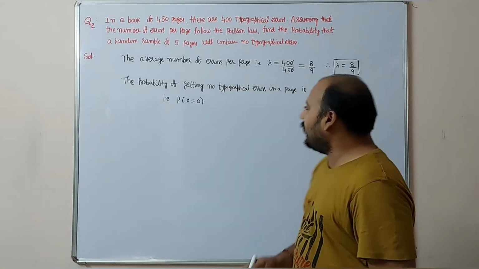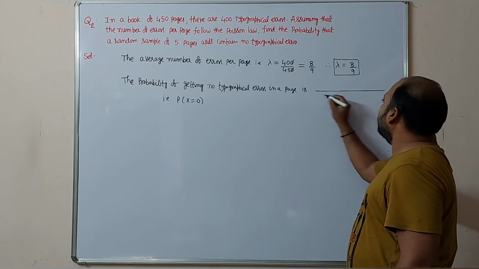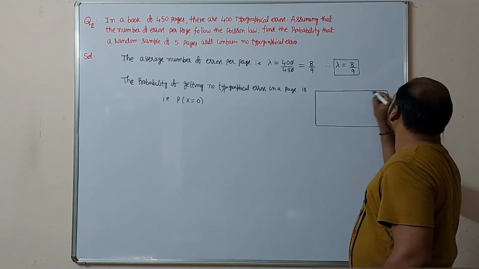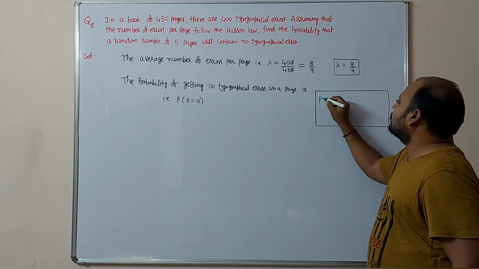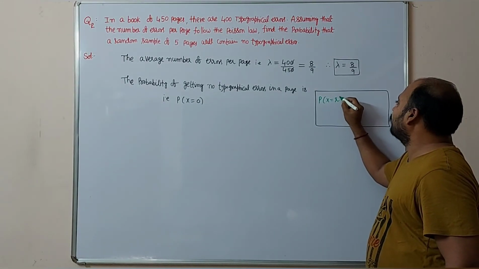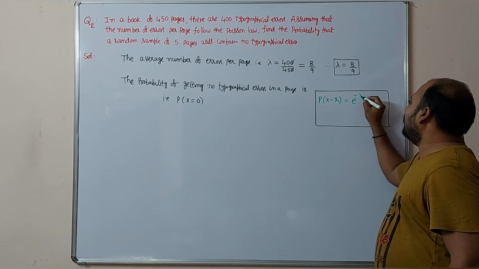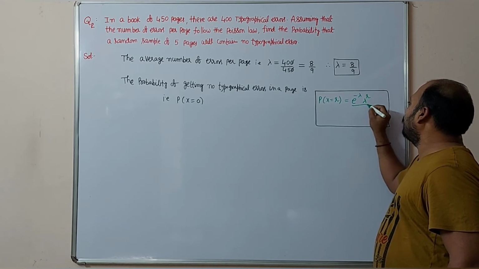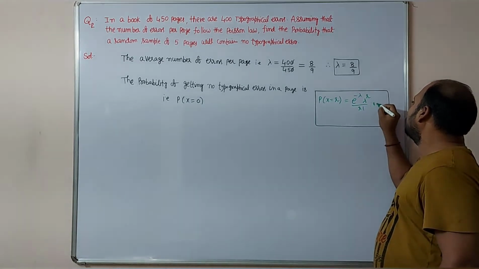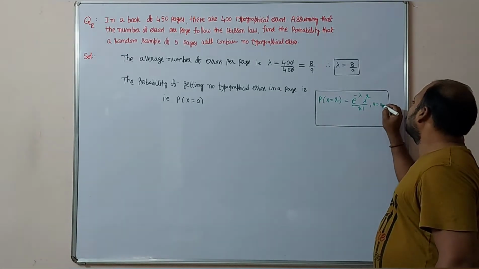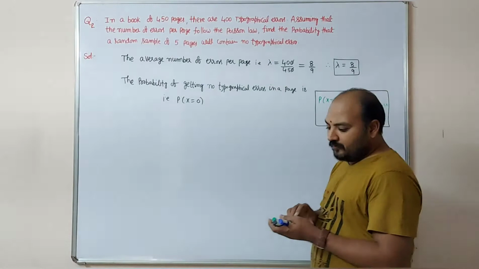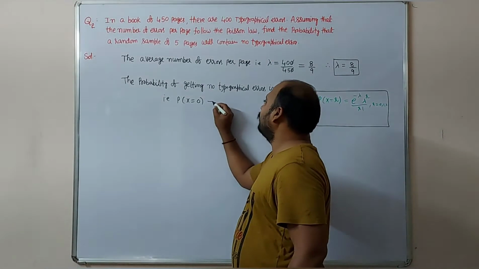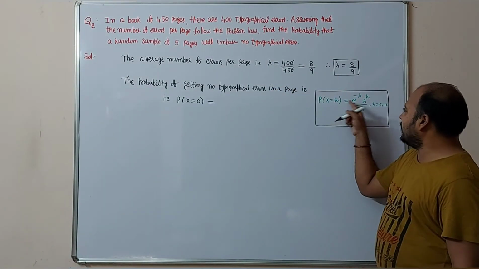So we know that Poisson distribution, once again I am writing here for your convenience. P of x is equal to r is e power minus lambda, lambda power r by r factorial, where r is equal to 0, 1, 2, 3 and so on. So P of x is equal to 0. Wherever r is there, replace with 0.